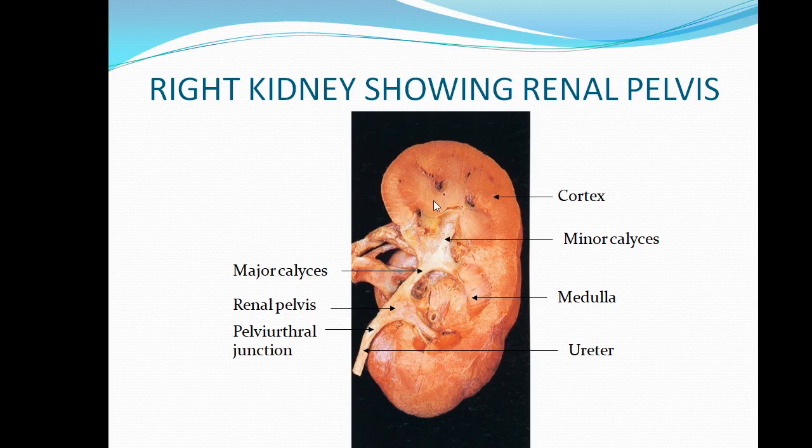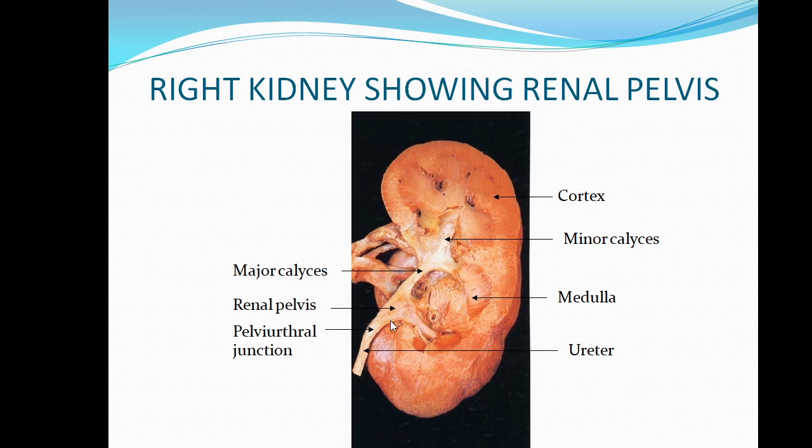Now, this cortex has these pyramidal structures. The base is directed outwards and the apex is directed medially. On the base lie the cortical arches. The pyramid with a cortical arch forms a renal lobule.